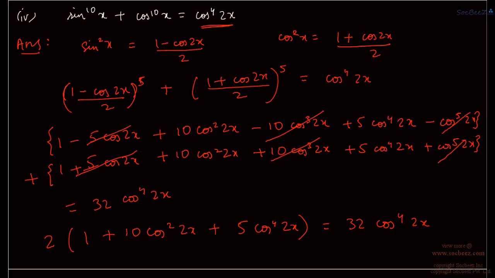Now this is nothing but a quadratic in cos squared 2x, right? So don't get frightened thinking that it is a biquadratic. No, it's just a quadratic. Actually, it's a biquadratic, but taking it as a quadratic and solving, you can easily find out the answers.